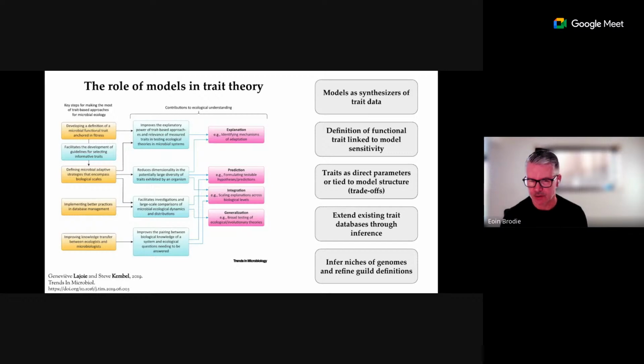Traits can be used as direct parameters, or we can use them to inform model structure. We can also build off the traits that we can measure to infer others using theory. I'll give examples of that. And then overall, we can use models to infer what the niches of specific organisms are from information in their genomes using simulations, and I'll give examples of that too.